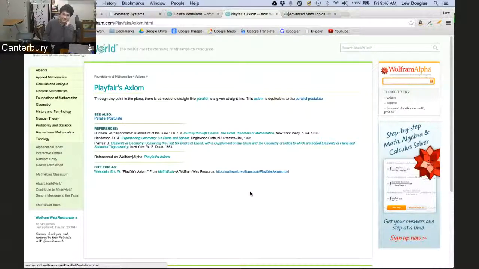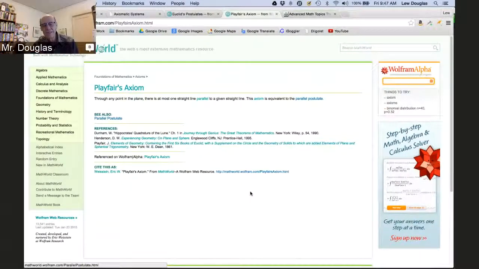Yeah. Well, I mean, Playfair's kind of implies that there can be zero parallel lines through a point, right? It seems to, yeah. Which is strange. I'm not sure of that, because it seems to me like spherical.